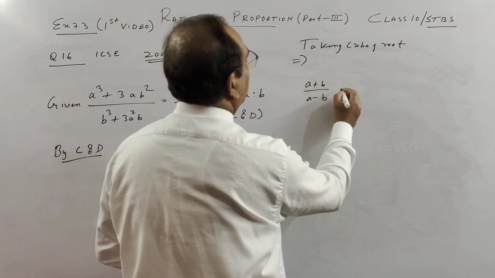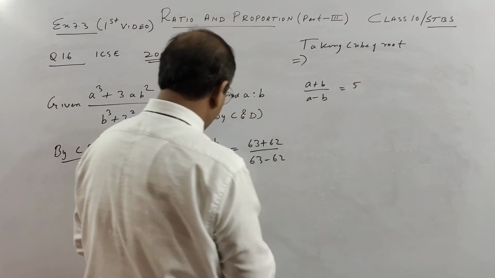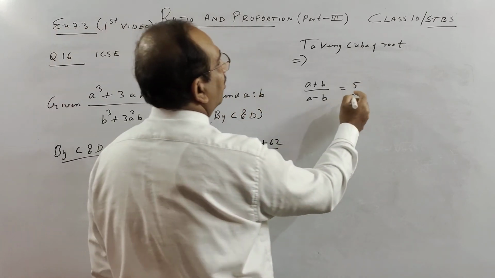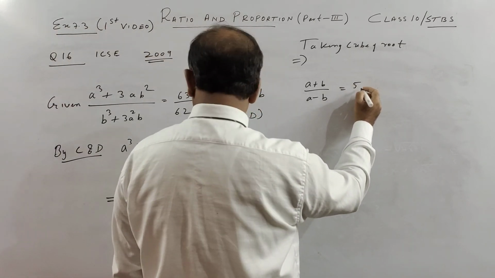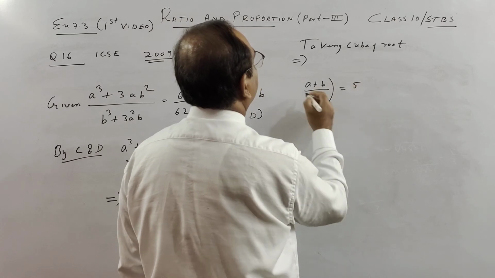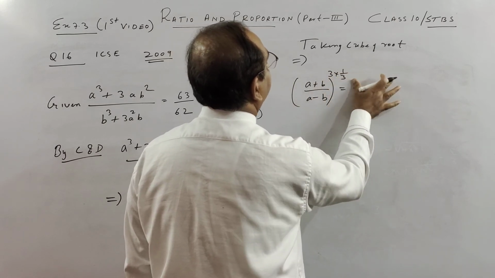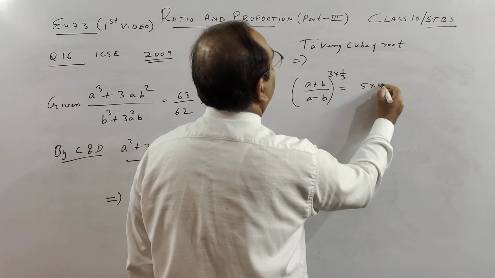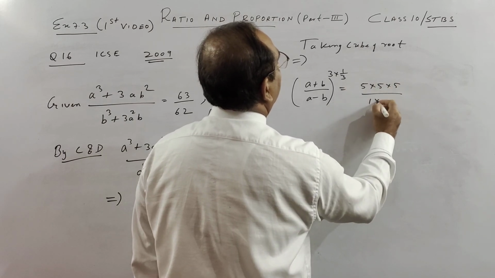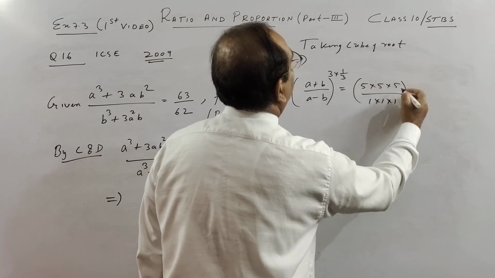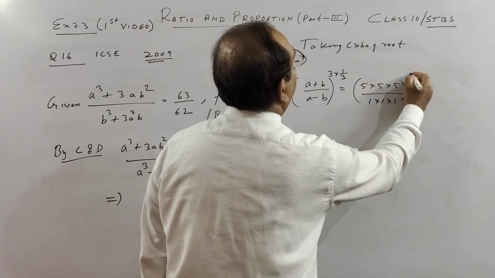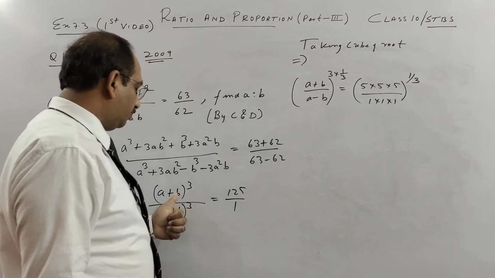So here if you take the cube root, it will be 5 into 5 into 5, so you will get 5. One step, if you wish, you can write like this: cube root means power 1 by 3.